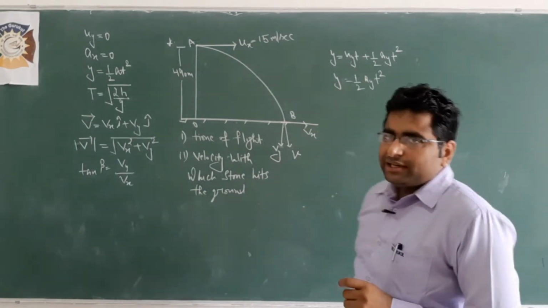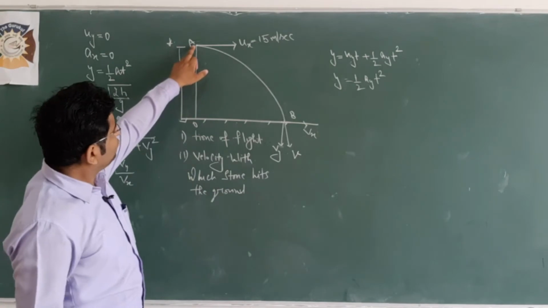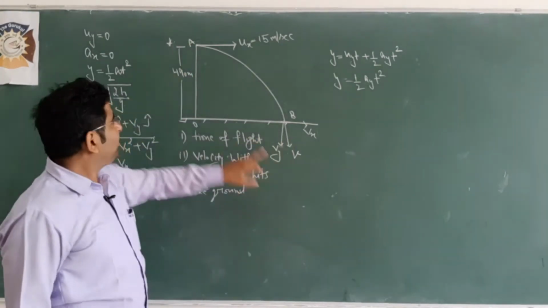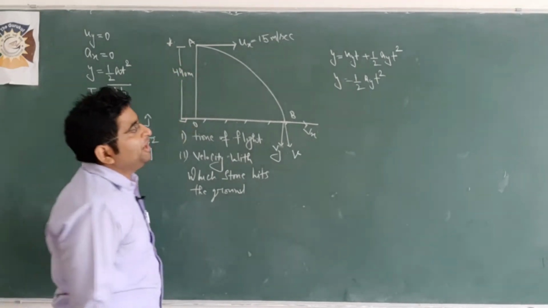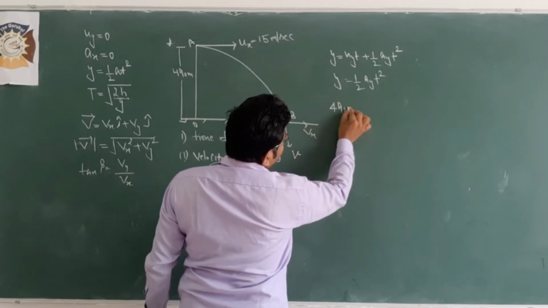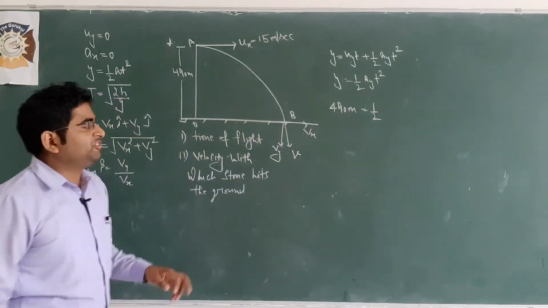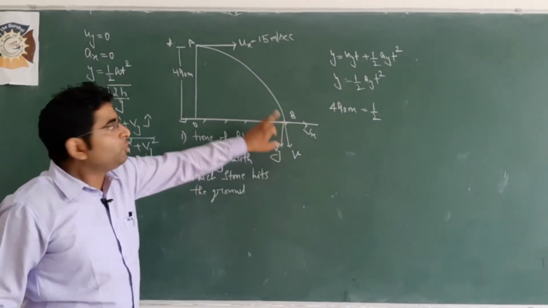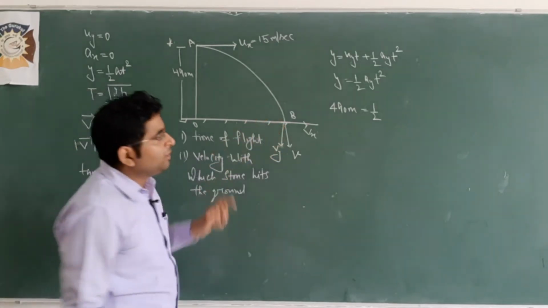But y represents the displacement along y direction. When the stone will reach from point A to B, it will cover the displacement of 490 meter along y direction. It means when the value of y is 490 meter, then the stone will reach the point B. So from this point to this point, time period is known as time of flight.